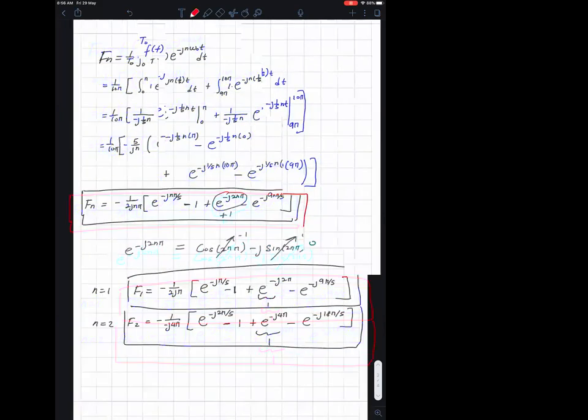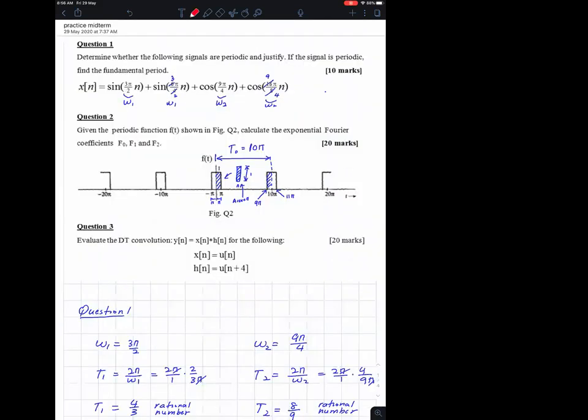The next question is evaluate the discrete time convolution.